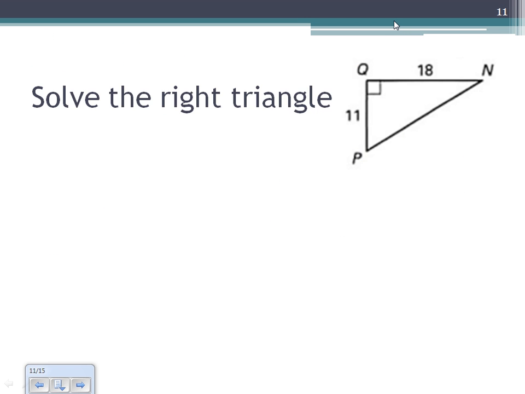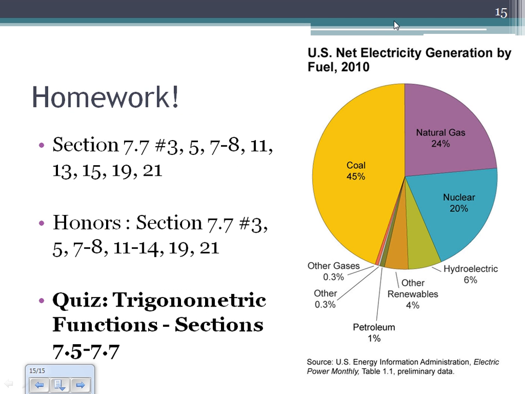Your homework for tonight, which you definitely need to do. Let me check, just because we just changed it a little bit. 3, 5, 7, 8.